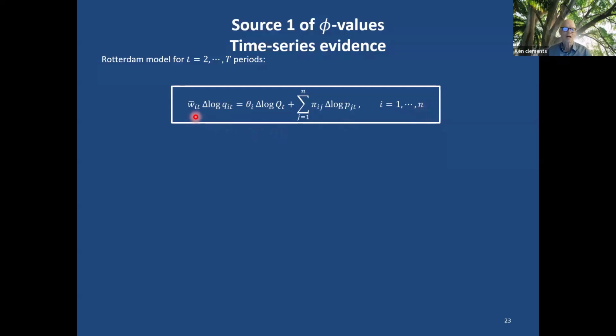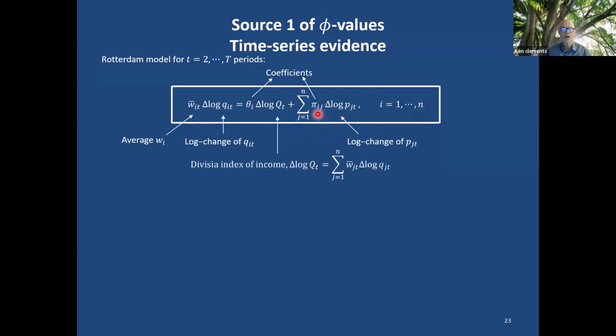On the left-hand side, we have the change in consumption of commodity i weighted by its budget share. On the right-hand side, we have the change in income, theta i coefficient, and the last term on the right-hand side is the substitution effect, change in the N prices, and the coefficients are pi ij's.